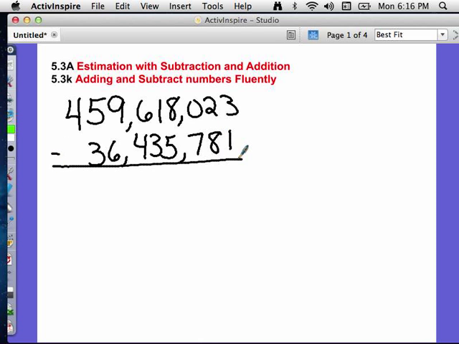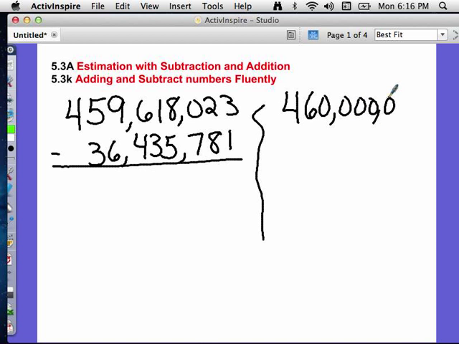Now again, students are required to be able to estimate the actual answer and then compute the answer. If I was to estimate this, I'm going to use rounding. 459,618,023. I will round that off to 460 million. 36,435,781. I will round that to 40 million.